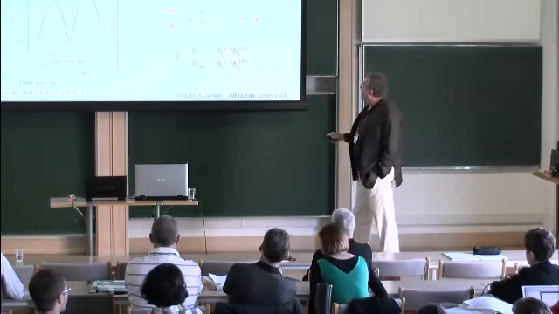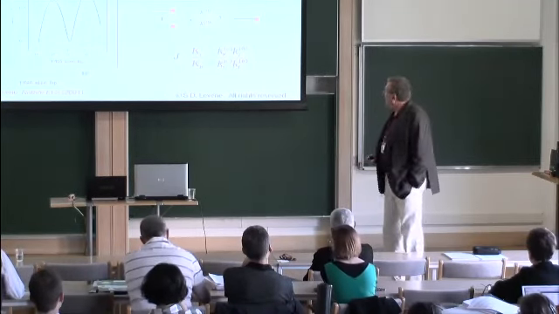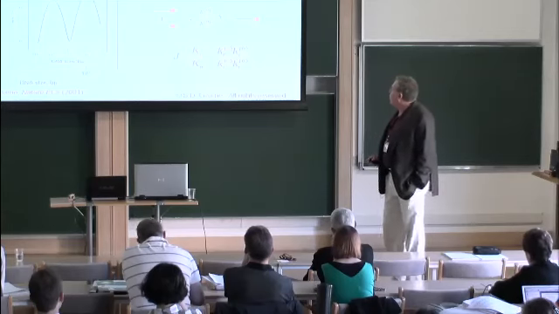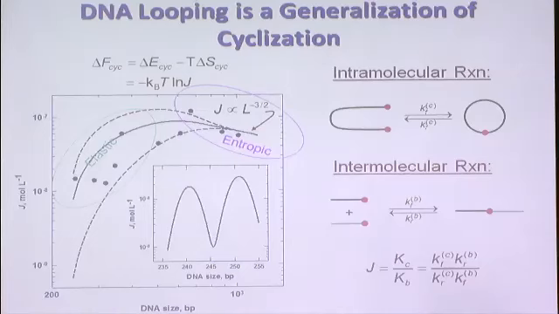Okay, so now the question is, how do you actually measure these J factors? Turns out that there are several different ways to do it, but the most rigorous methods use kinetics in order to get rate constants for the formation of a circle from a linear, and usually in a separate reaction, measure the rate constants for the formation of a bimolecularly joined DNA from 2 separate ends.